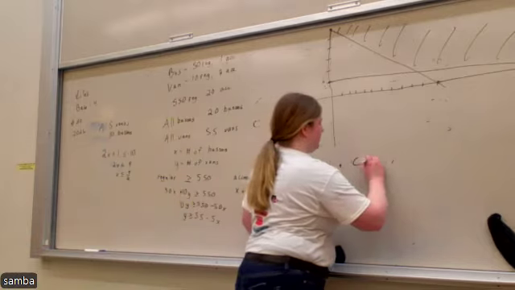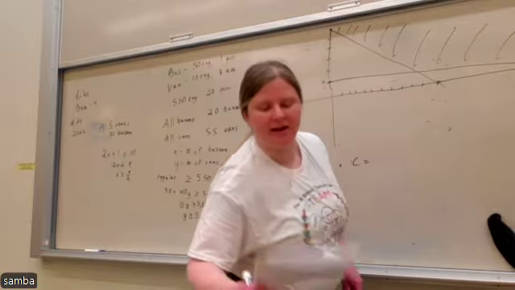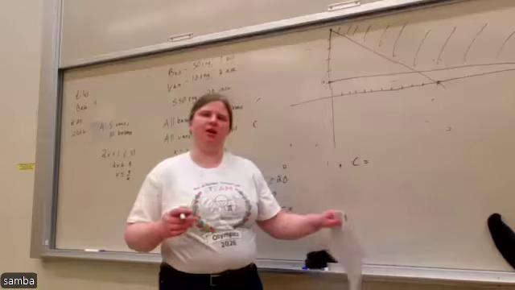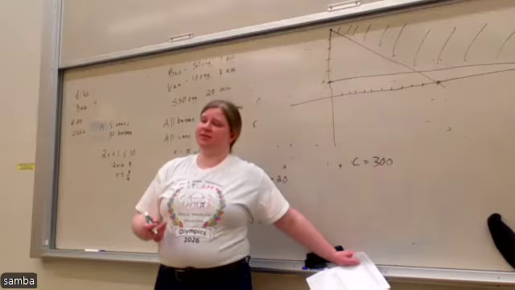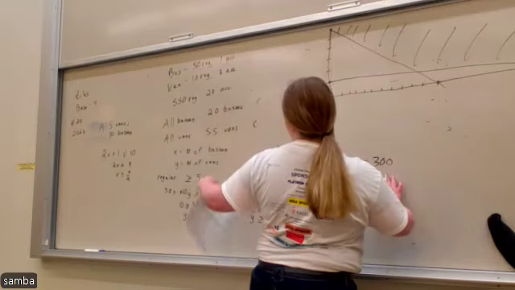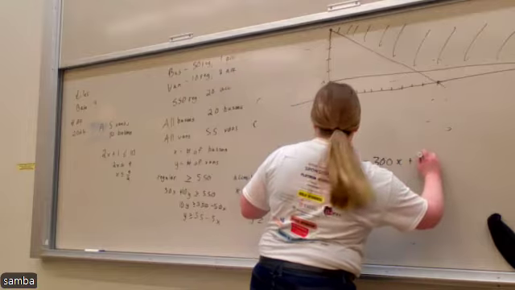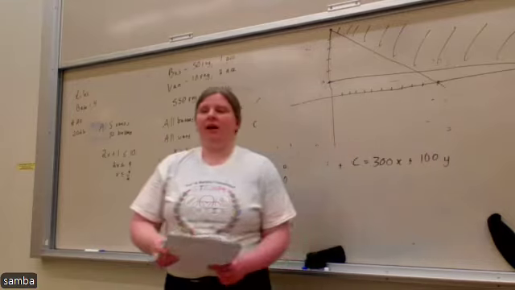The cost is 100 for a van, and the buses have to be significantly more expensive. So you have 300 times the number of buses plus 100 times the number of vans.